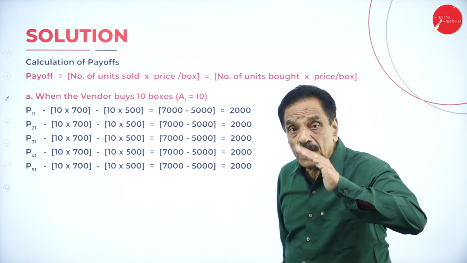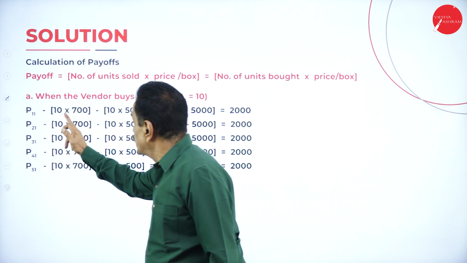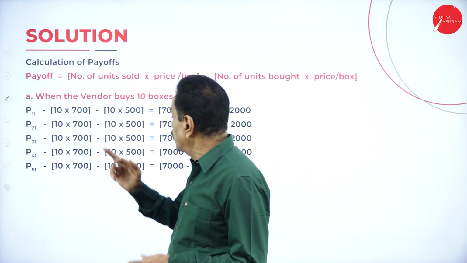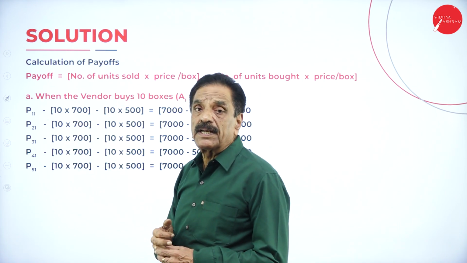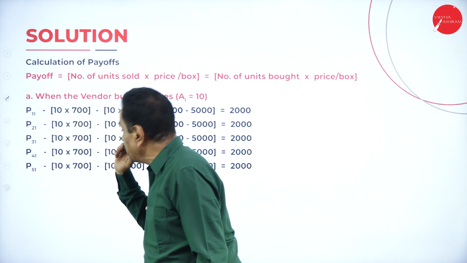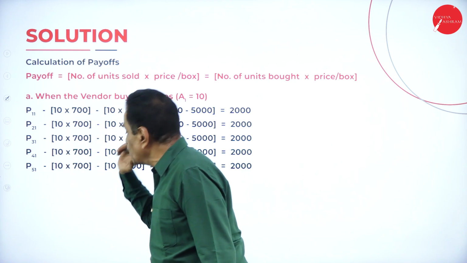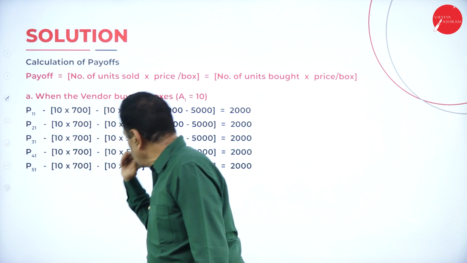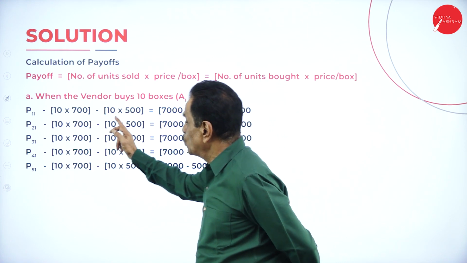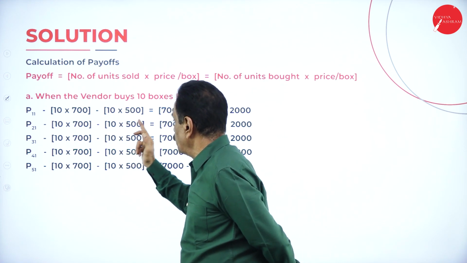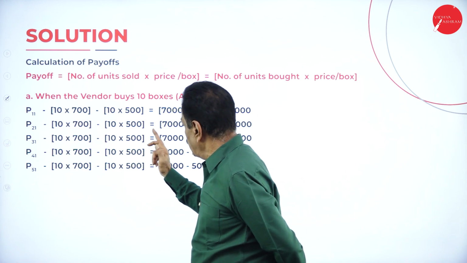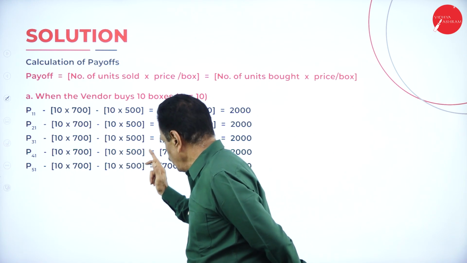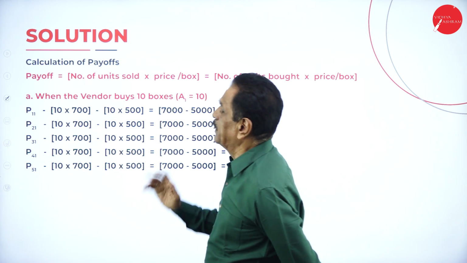When they sold 12 boxes, 10 into 700, 11 into 700, 12 into 700 for the rest. Here 12 into 500 for each.